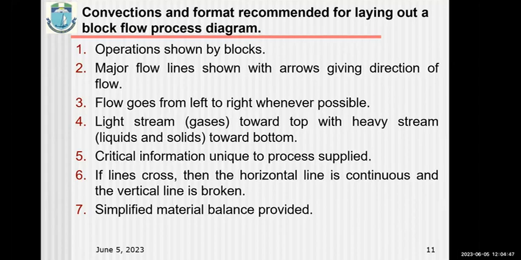And if lines cross, then the horizontal line is continuous and the vertical line is broken. And what do we mean by that? Let me just see if I can illustrate that.